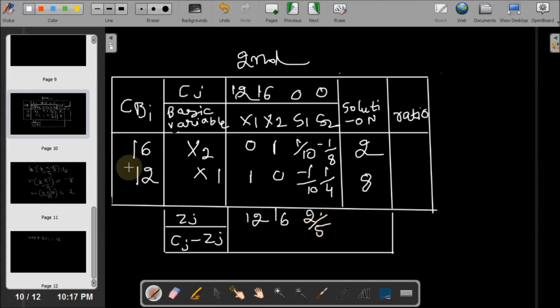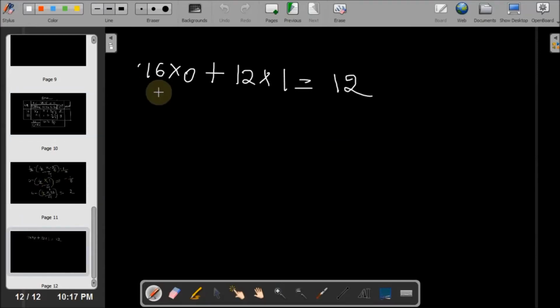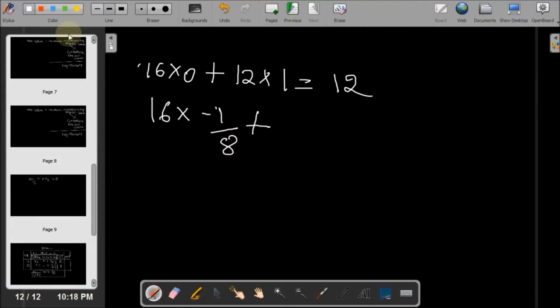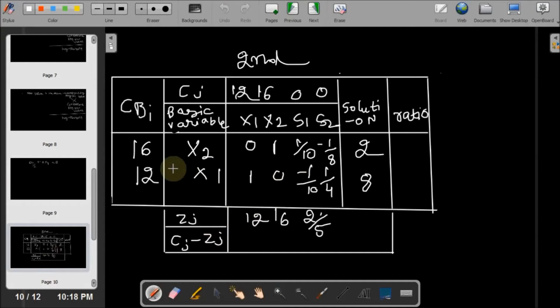So now, see, 16 into minus 1 by 8 plus 12 into 1 by 4.